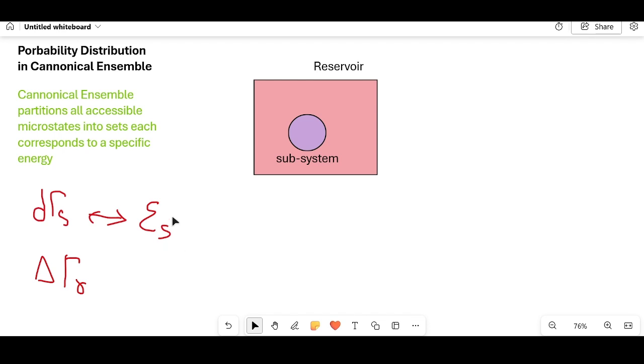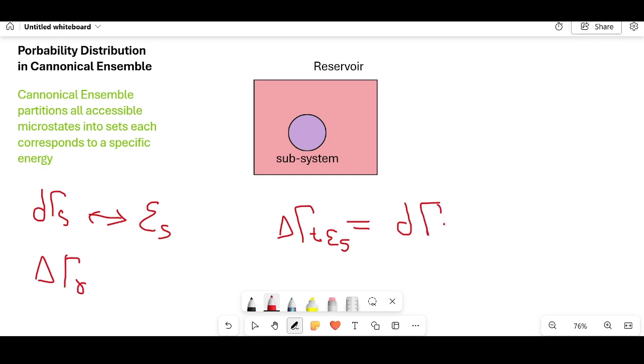Therefore, the total accessible region of the phase space corresponding to energy epsilon s of the subsystem, delta gamma T for total, is given by d gamma s multiplied by delta gamma r.